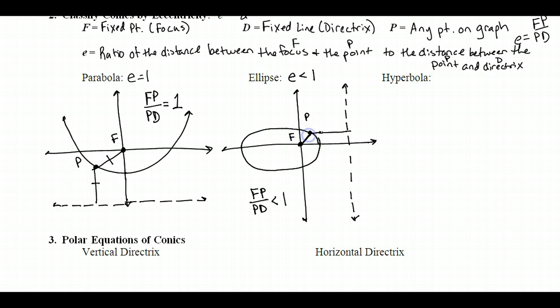So this distance will always be less than this distance. And again, when you set up your ellipse, if our ellipse is horizontal, then your directrix is going to be vertical. And it's not going to be way over on this side. We want our directrix to be closest to the focus point at the pole.